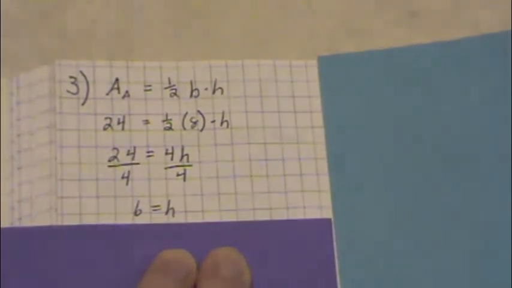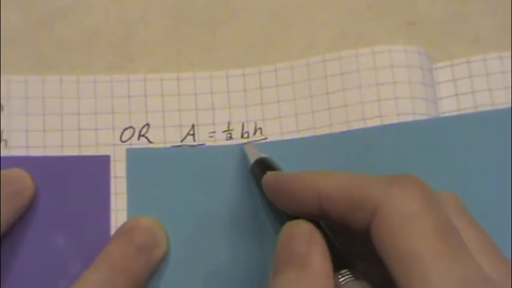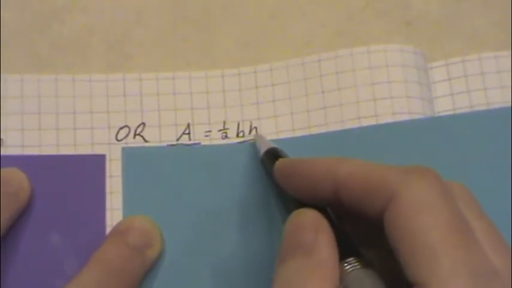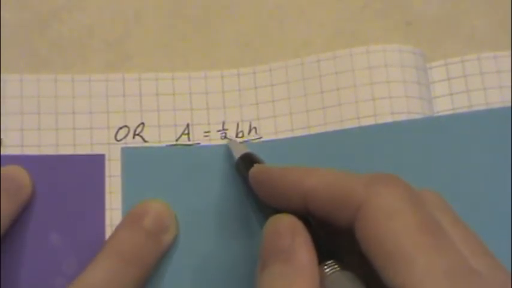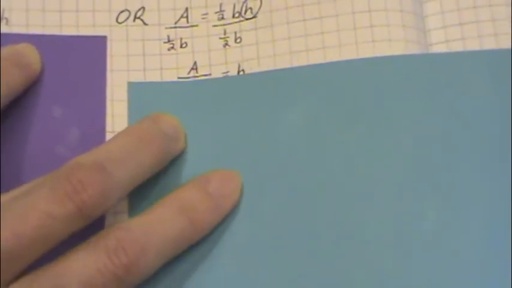If you want to follow exactly what they did in the book, which is a fine way to do it, this time it works out to be a little bit long, but that's okay. We know that area equals 1/2 base times height. Their way is to isolate the variable that you're looking for first. So we're looking for height. We need to divide each side by 1/2 base so we can get that isolated.